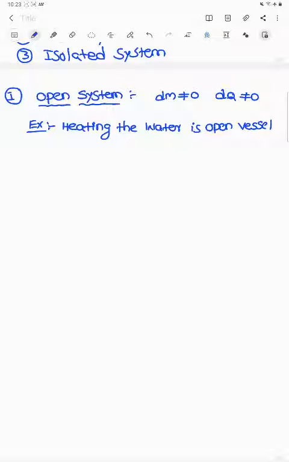In the open system, dm not equal to 0, dq not equal to 0. Example, heating the water in an open vessel.